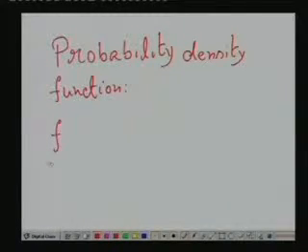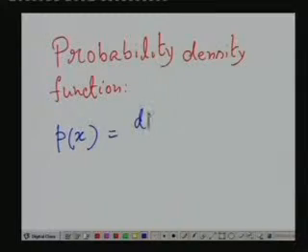Sometimes we denote it not by f, sometimes by p. My notation should rather be p, because p stands for probability actually. So, I would prefer p. Px is nothing but the derivative.